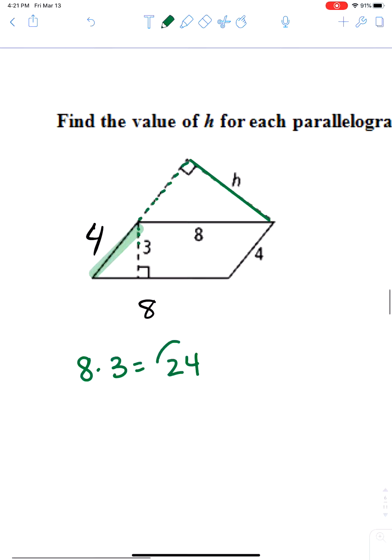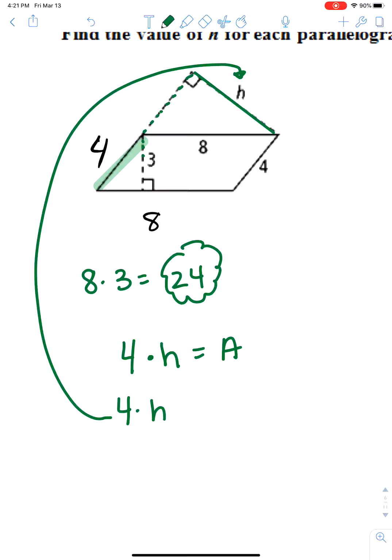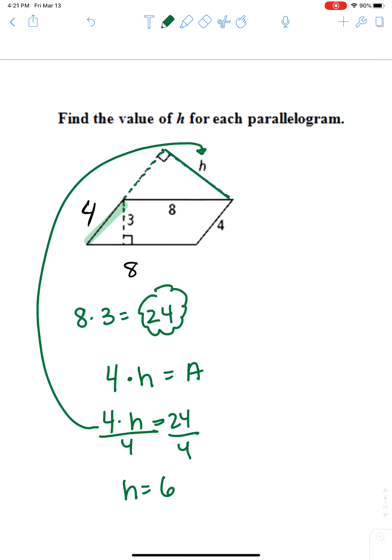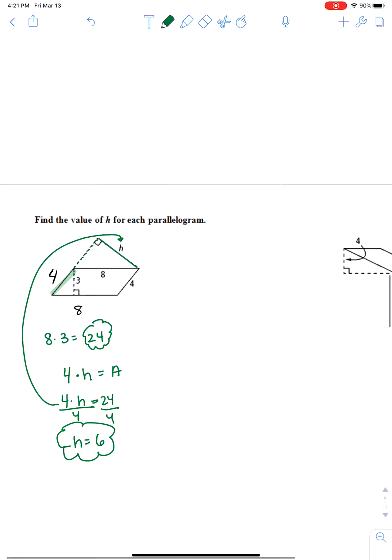The area is 24. But this time my base is 4, and we don't know my height. We just know that the area in general would equal that. So 4 times the height, as shown right here, would equal the area, which is 24. So if I divide both sides by 4, I can get that height to be 6, and they didn't give us any units, so maybe inches or feet or something like that. So that's kind of working backwards a little bit.